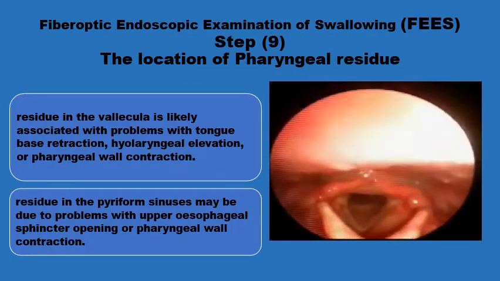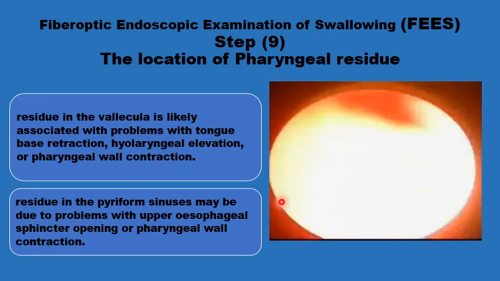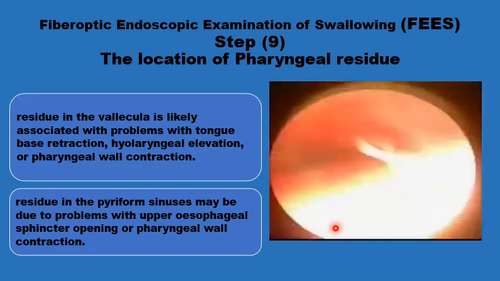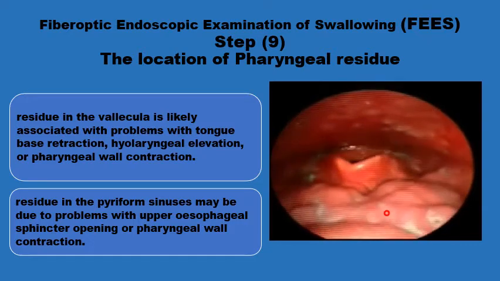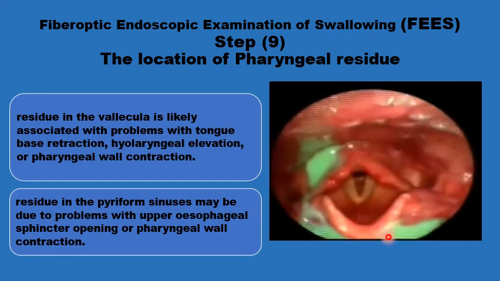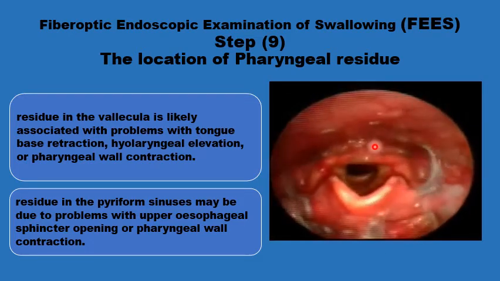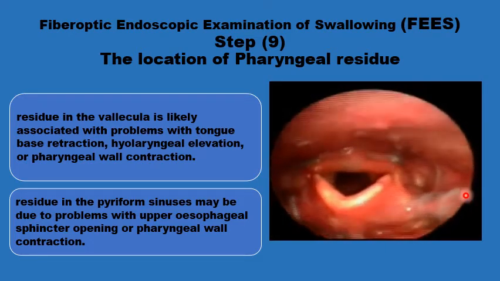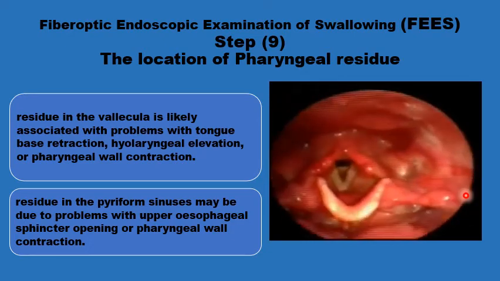The location of any pharyngeal residue after the swallow would help in the diagnosis. If food is retained in the vallecula, like here for example, this may point to weakness of tongue-based contraction, weakness of pharyngeal contraction, or weakness of the hyolaryngeal elevation.